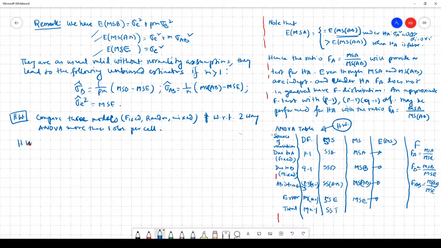Second homework: suppose we consider an example.